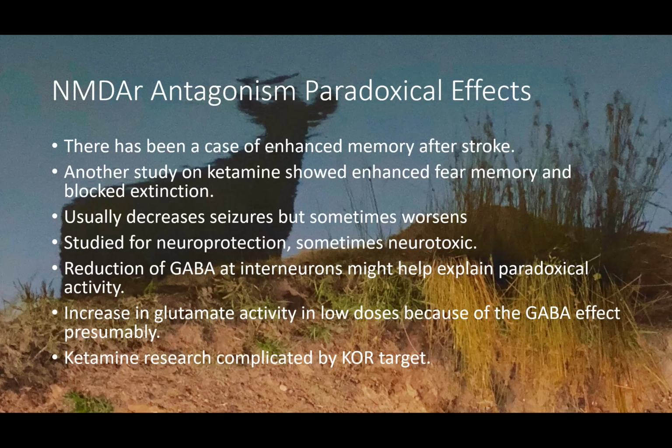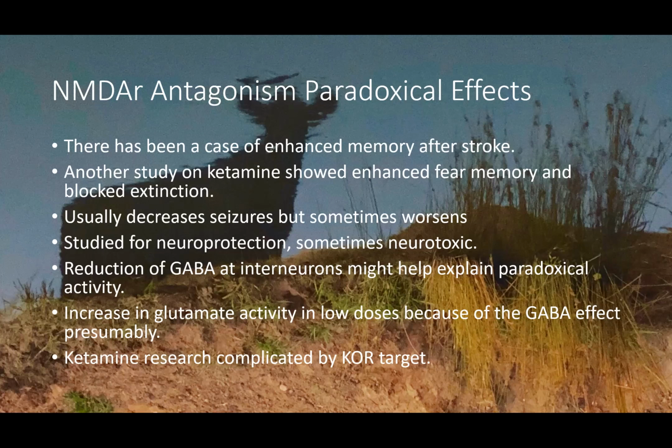Okay, so the other part here is that there are paradoxical effects with these dissociative anesthetic drugs, NMDA receptor antagonists. They can seemingly increase glutamate activity, even though they block glutamate receptors. And part of this is probably because some of the glutamate receptors that are targeted earliest are involved in enhancing GABA activity, which is an inhibitory mechanism.